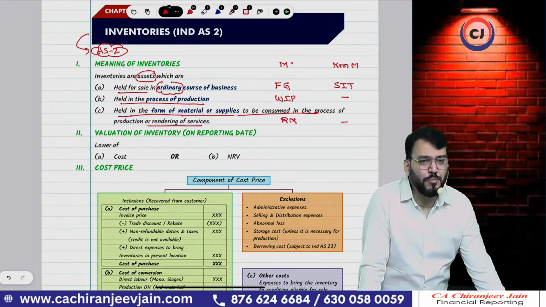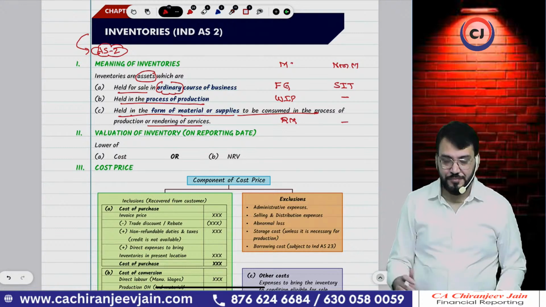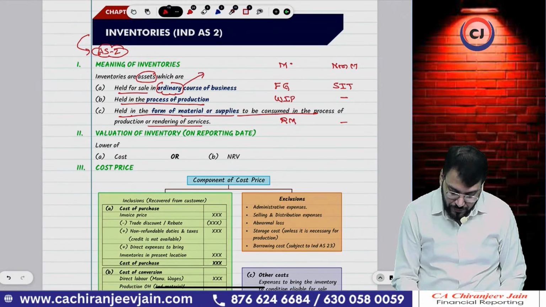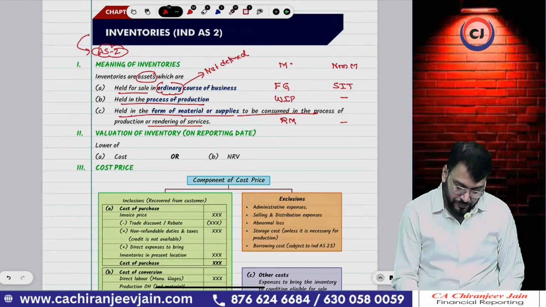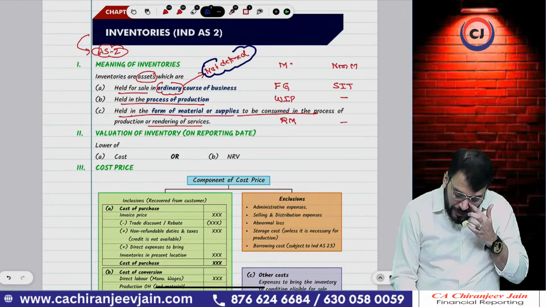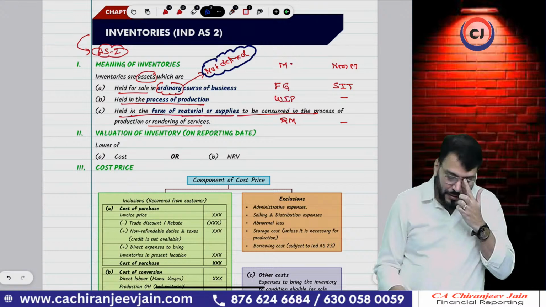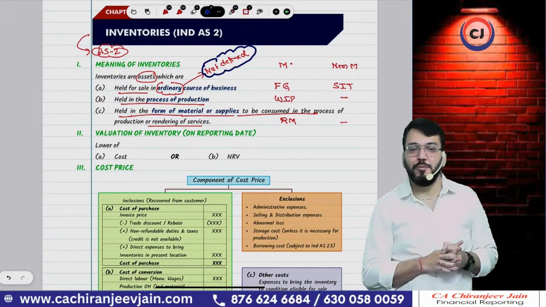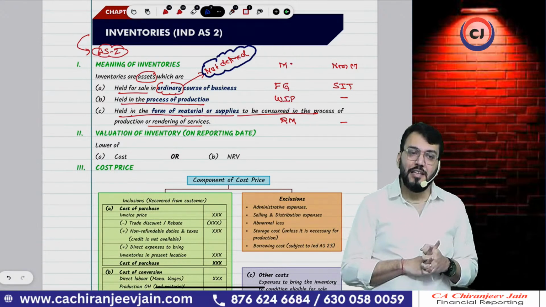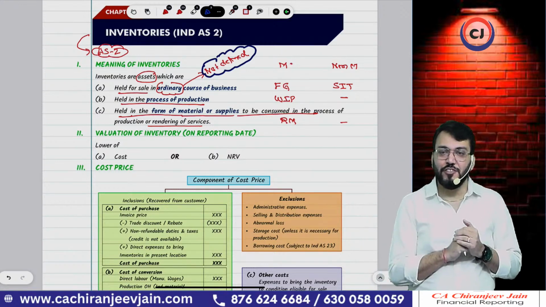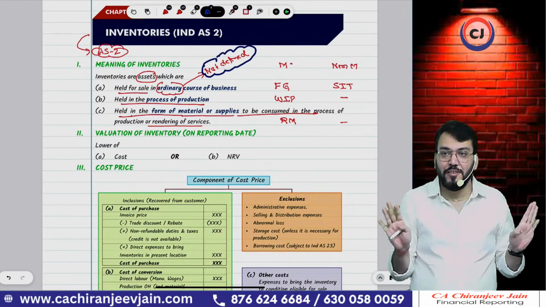So ordinary course of business is not defined under Ind AS. It is not defined. Got this point? But you have done AS 5. AS 5 means you have done ordinary activities. In AS 5 we have done ordinary activity. In Ind AS it is not defined.